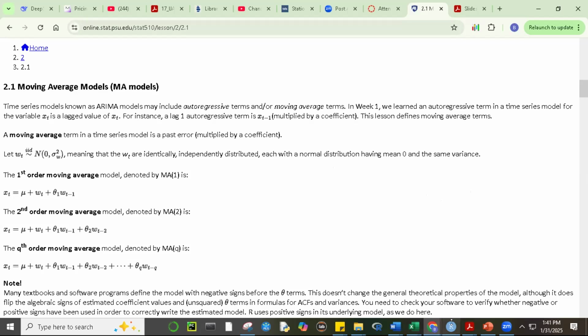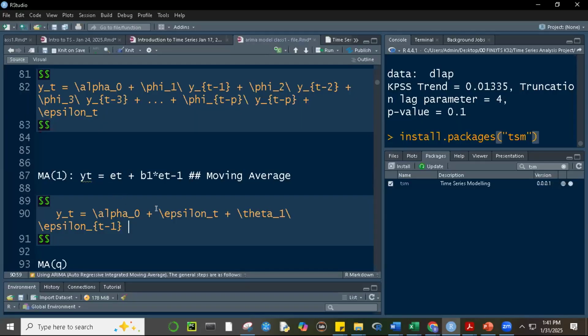So if we go back here, class, this is your alpha. This is your constant in that website that we looked at. It used mu, but they're the same. It's just a matter of representation. And then we have your epsilon sub t, which is your W sub t in the site that we looked at.